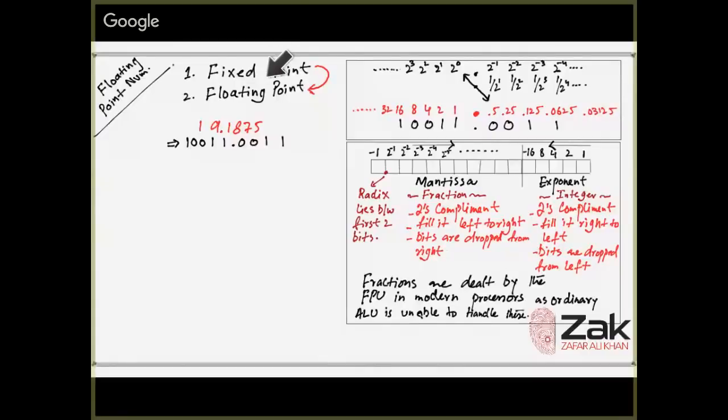So the first thing that we would have to do is to find the equivalent of the number given in fixed point, where the point is at its fixed location, and then we fix the whole part on the left, and the decimal part on the right.